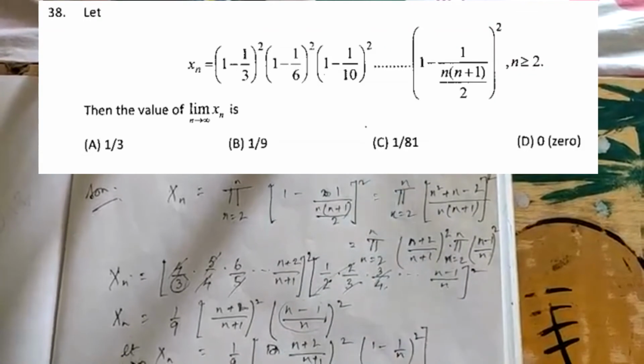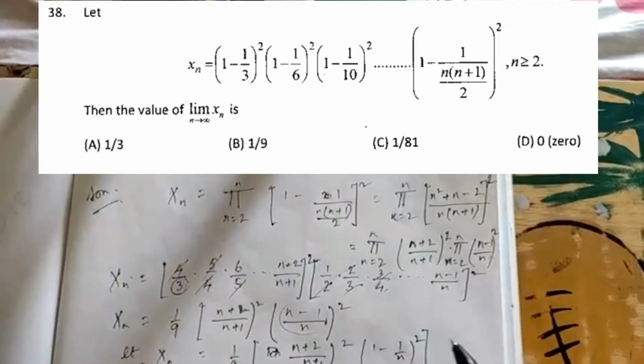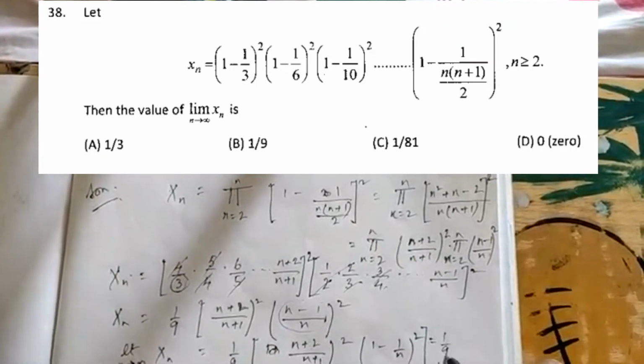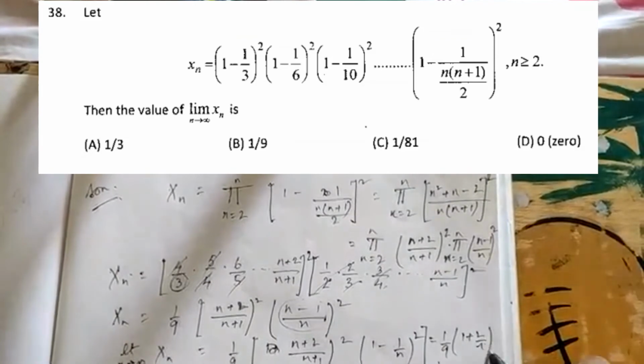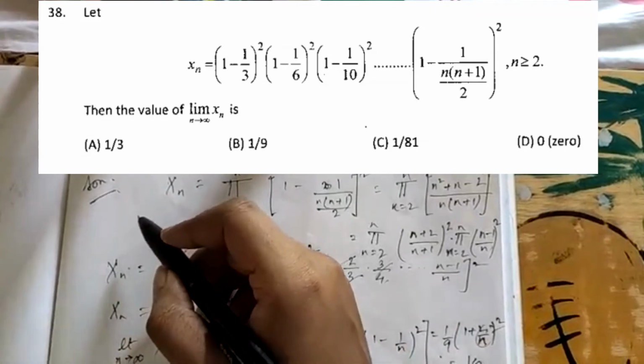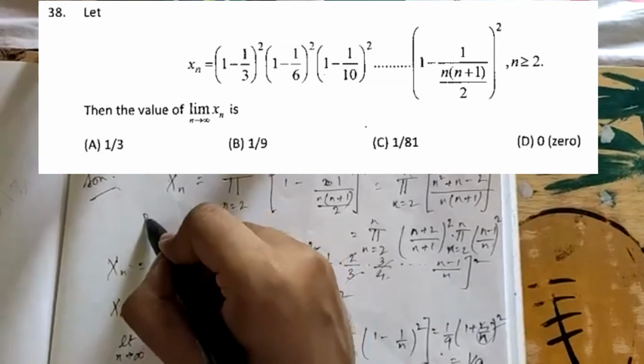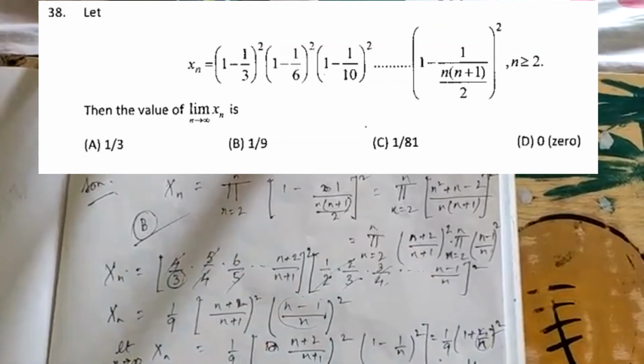If you put n tends to infinity over here, it will come as 1 by 9 into 1 plus 2 by n square. So if n tends to infinity, this will become 0, and your answer will be 1 by 9. That means option number B is the correct one.